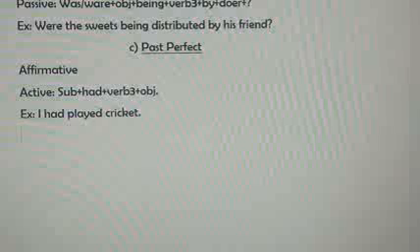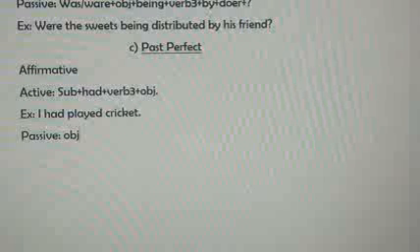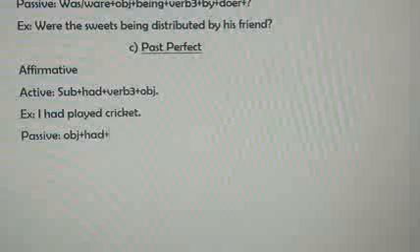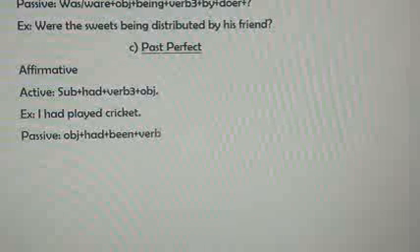Now, my dear children, let me write the passive structure for this. The passive structure for this will be: the object will be placed in the first group. After that, the same auxiliary verb will be placed over here, had. Then I need to put been. After that, we will use the third form of verb over here.